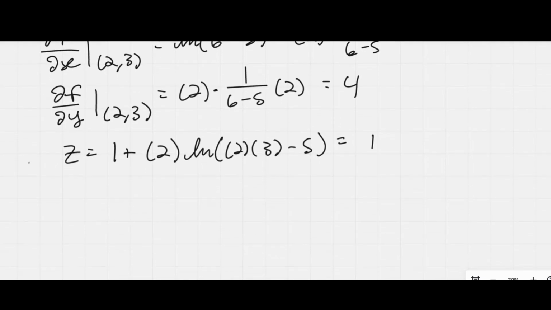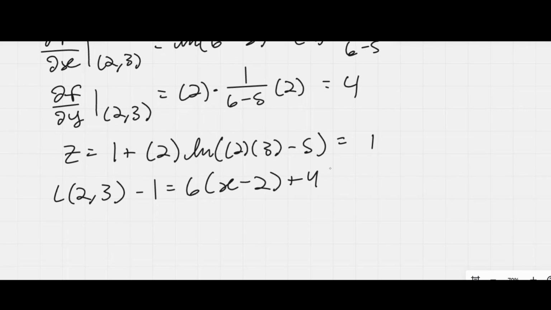The linearization at (2, 3), to be more specific, is simply going to be, when subtracted by 1, the slopes, which are 6, times (x minus x naught, which in this case is 2), plus 4 times (y minus y naught, which in this case is 3).